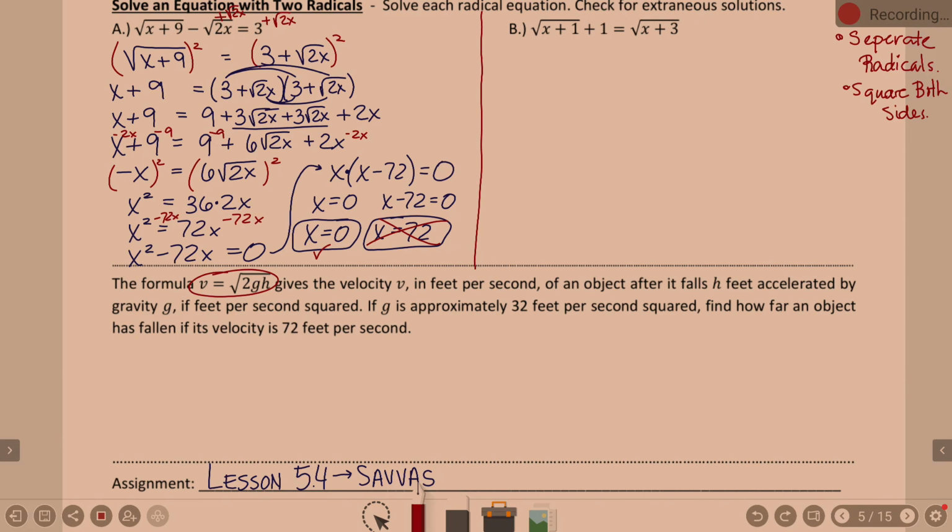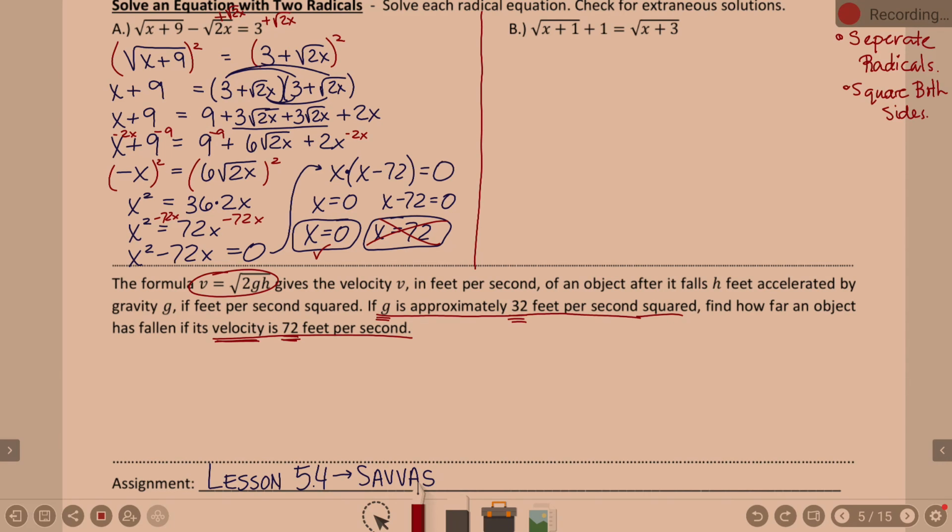G is approximately 32 feet per second squared. Find how far an object has fallen if its velocity is 72 feet per second.